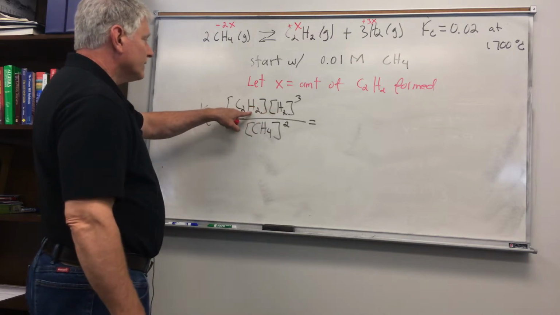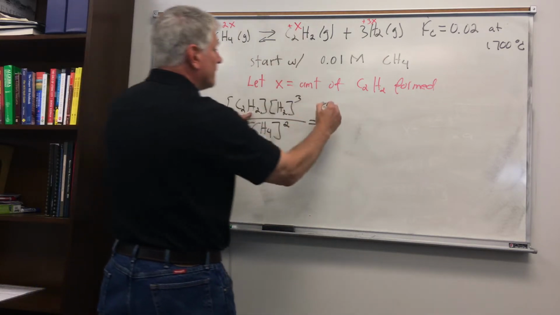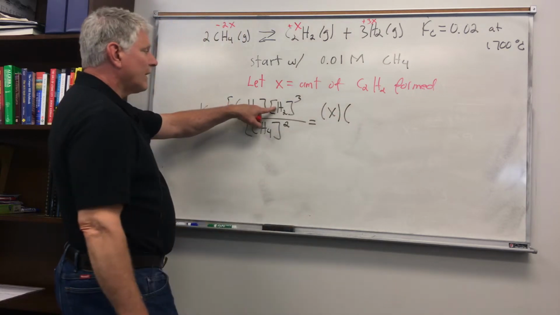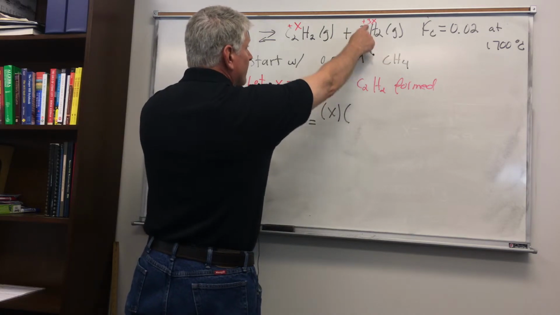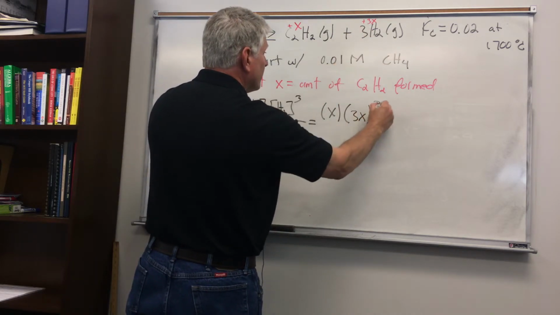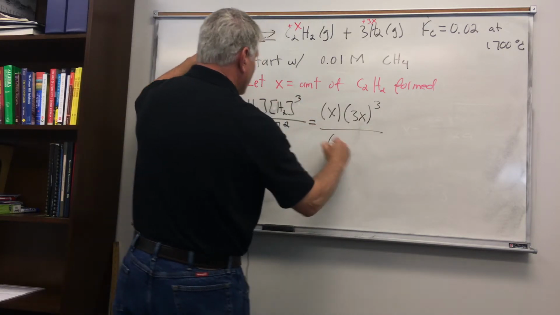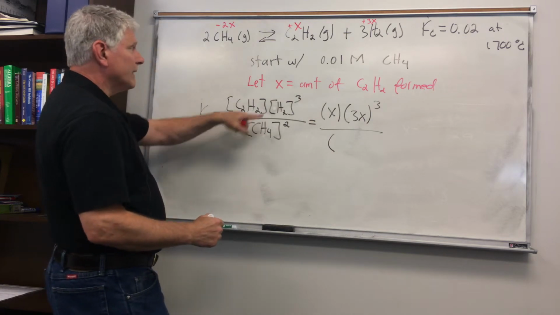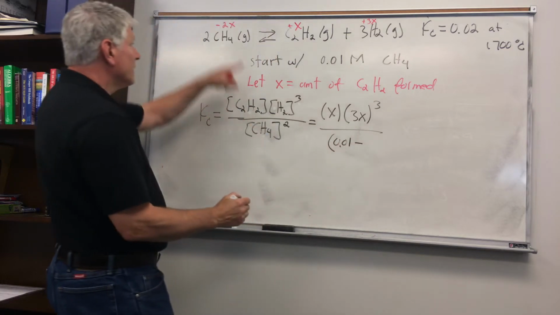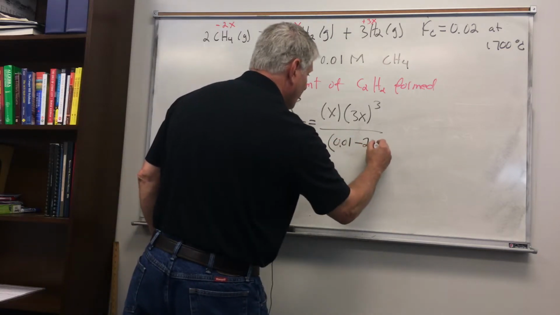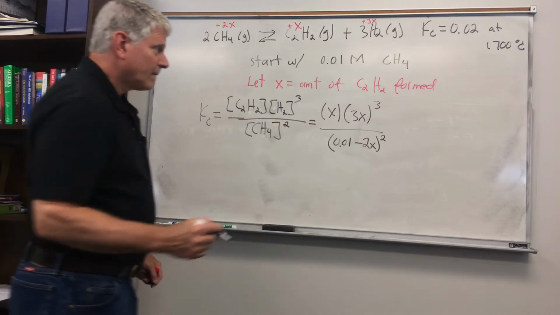So this equilibrium concentration is going to be 0 plus X. Hydrogen equilibrium concentration is going to be 0, starting amount, plus 3X cubed. And then the equilibrium concentration of CH4 is going to be the amount I start with, 0.01 molar minus 2X, and I have to square that. So this is our equilibrium expression.